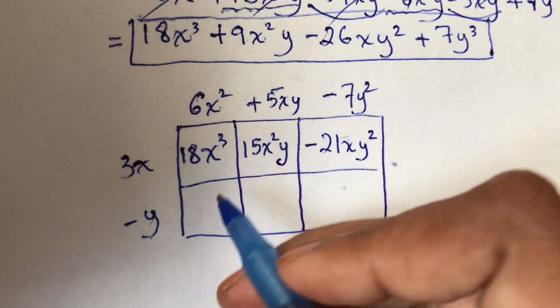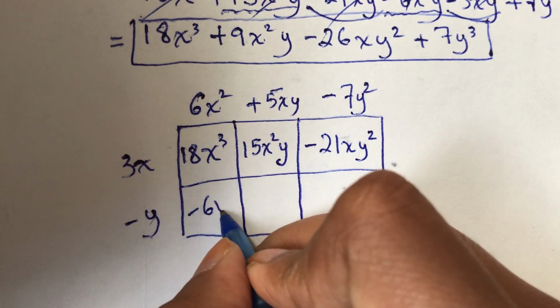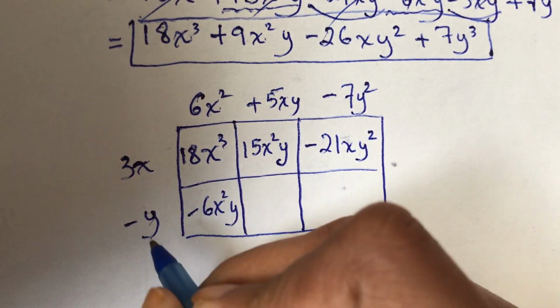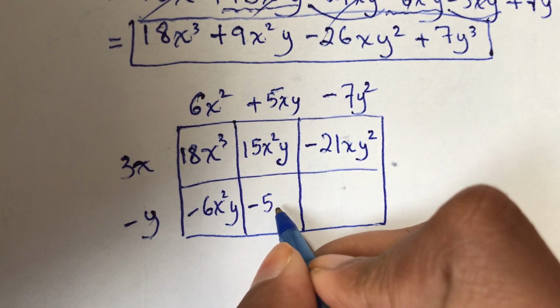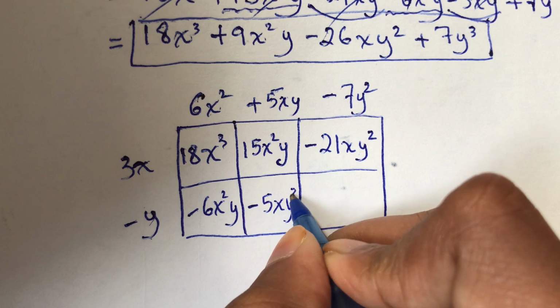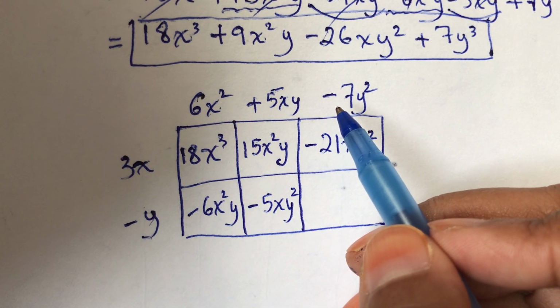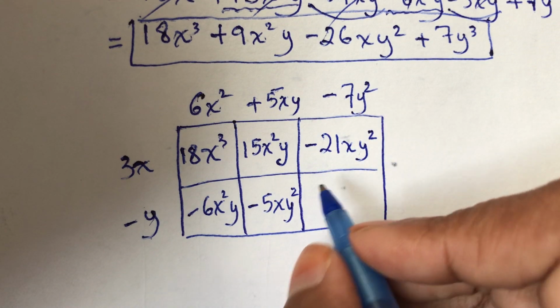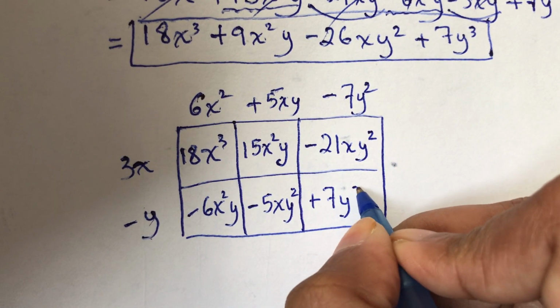Negative y times 6x squared gives me a negative 6x squared y. And then negative y times 5xy is negative 5xy squared. And finally, negative y times a negative 7 is really a positive 7y cubed.